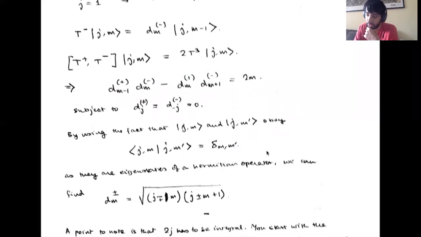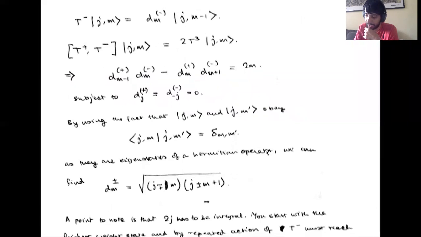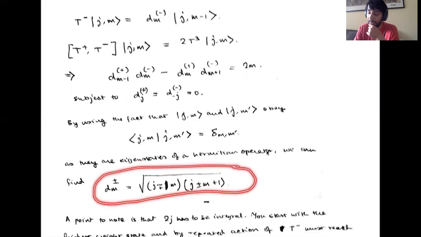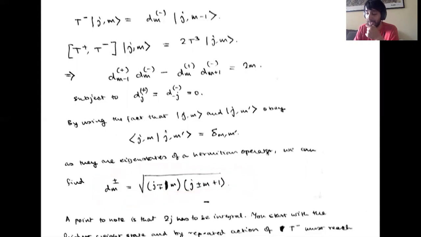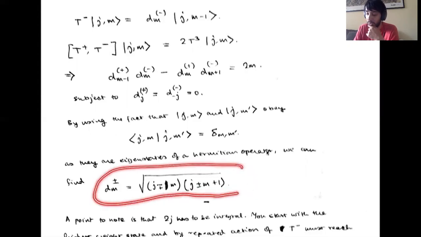And we also need to keep in mind that <j, m | j, m'> is delta of m m'. We can use this, and this is going to be left as an exercise for you to figure out, that D m plus minus is given by a form which looks like this.